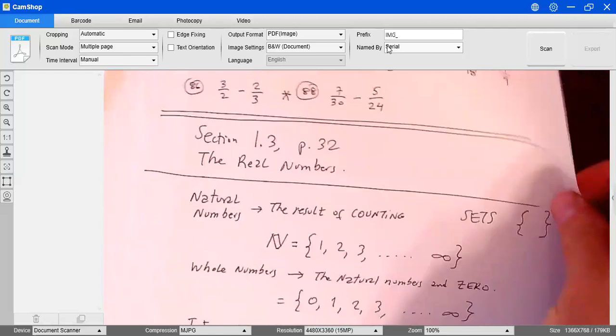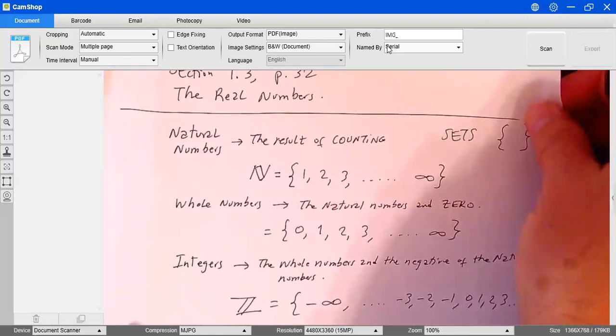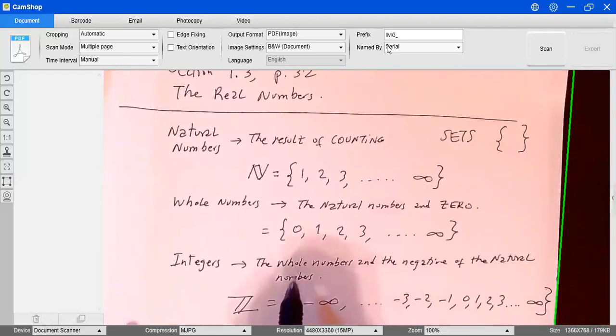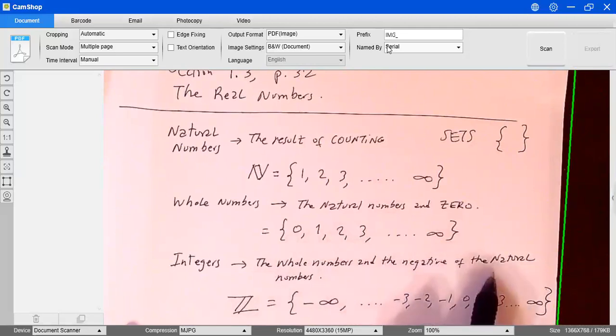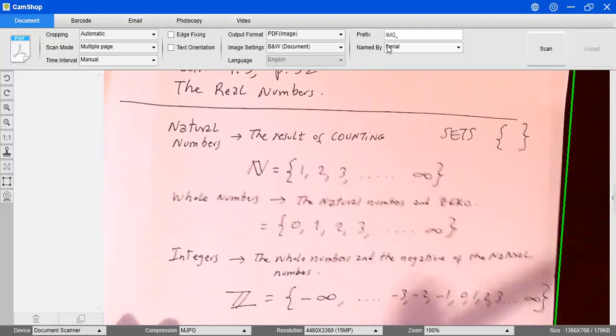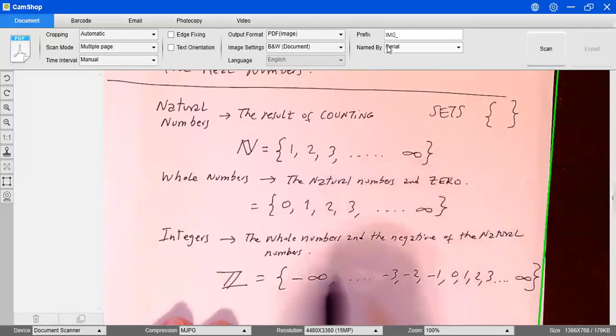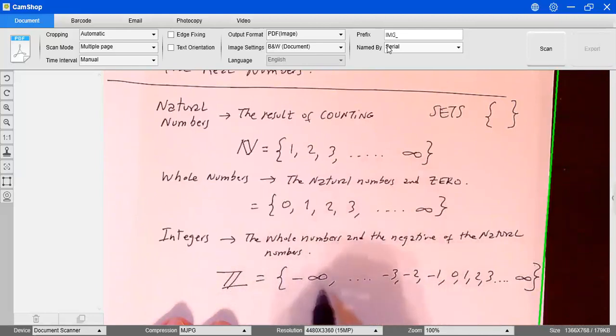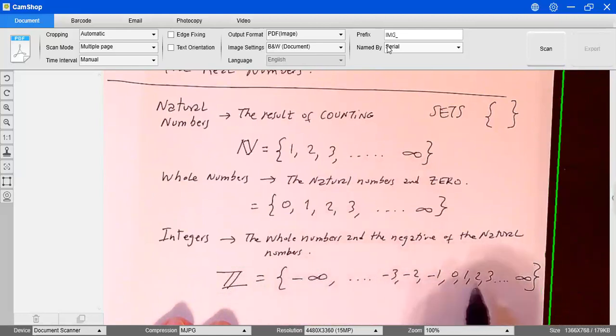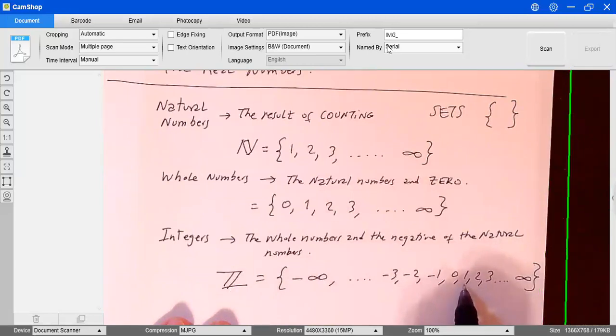Then we have the set of integers. The set of integers is when we have the whole numbers and also the negative value for every natural number. This other set, which is going to be represented by this Z, is the set of numbers that go from negative infinity, so all the negative numbers up to -1. Then you have 0, and then you start with the positive natural numbers.